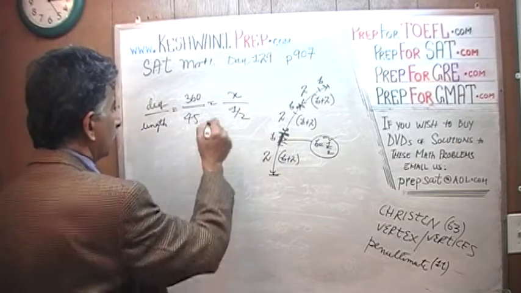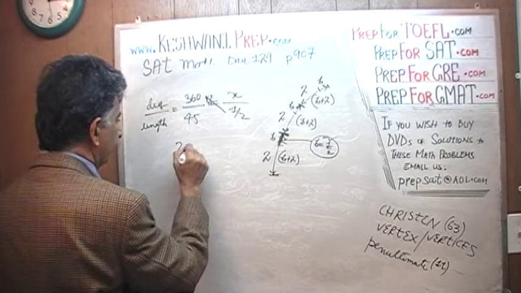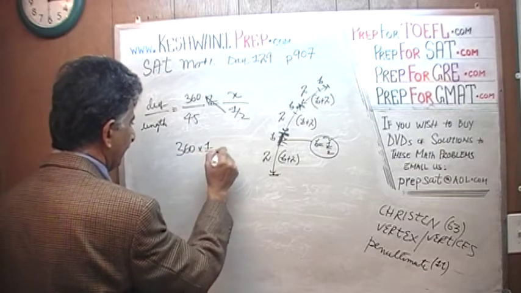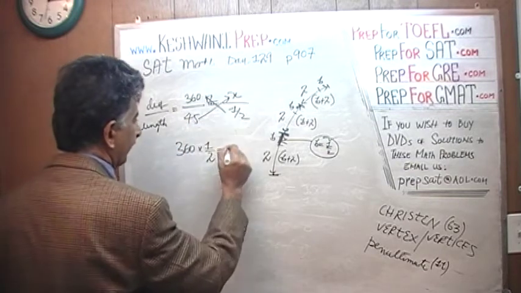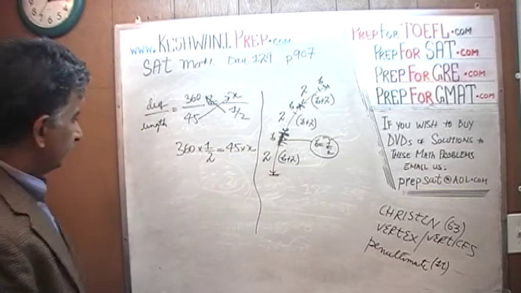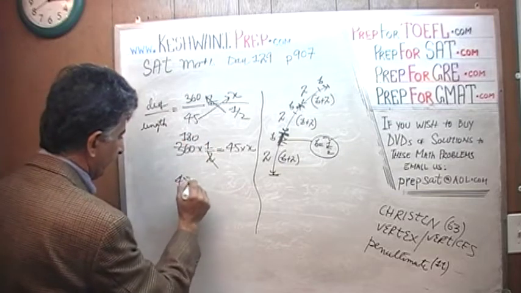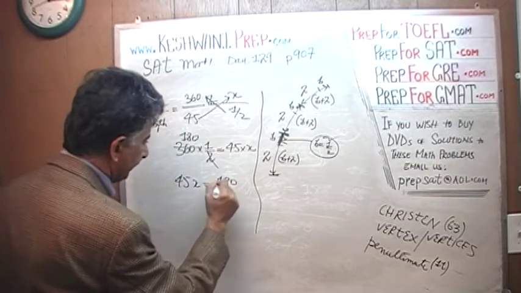That's all. Cross multiply it. 360 times half must equal 45 times x. Half of 360 is 180, which means 45x equals 180.